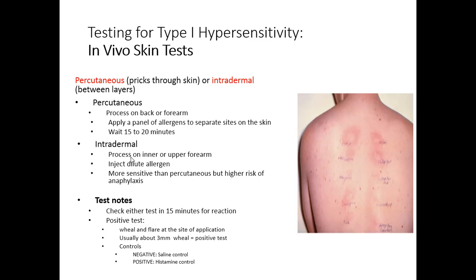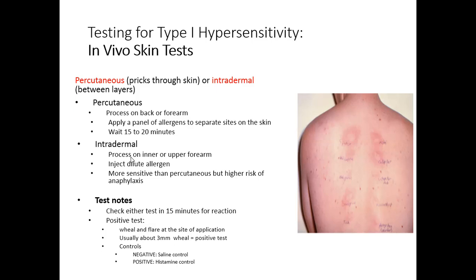So we put a very dilute allergen in there so we don't kill anyone. We're going to apply a bunch of allergens on the forearm, wait 15 or 20 minutes, and look for the wheal and flare. Intradermal is more sensitive than percutaneous, but it's riskier because, that pesky anaphylaxis.